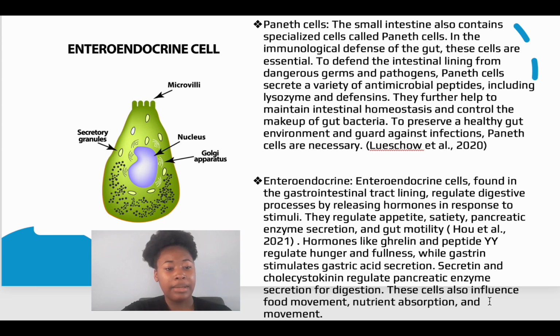Hormones like ghrelin and peptide YY regulate hunger and fullness, while gastrin stimulates gastric acid secretion. Secretin and cholecystokinin regulate pancreatic enzyme secretion for digestion. These cells also influence food movement, nutrient absorption, and motility.